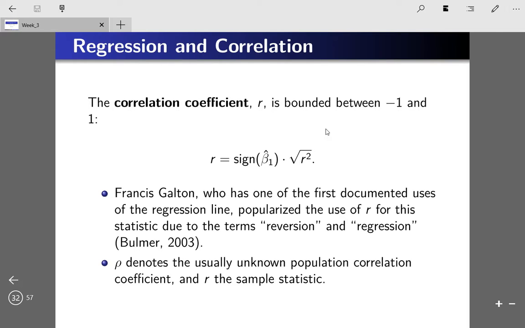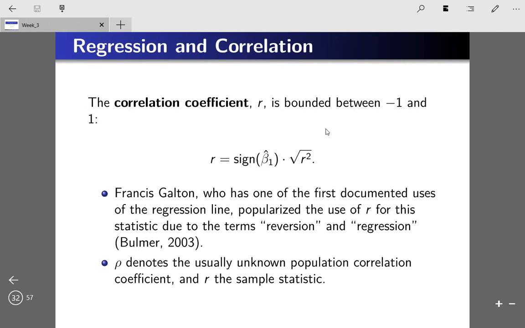So why is it R? I was wondering this myself the last time I taught this class. Despite having taken many, many regression classes, I never actually knew why we used R for this value. Seems like C might be a better letter to use since it's the correlation coefficient.